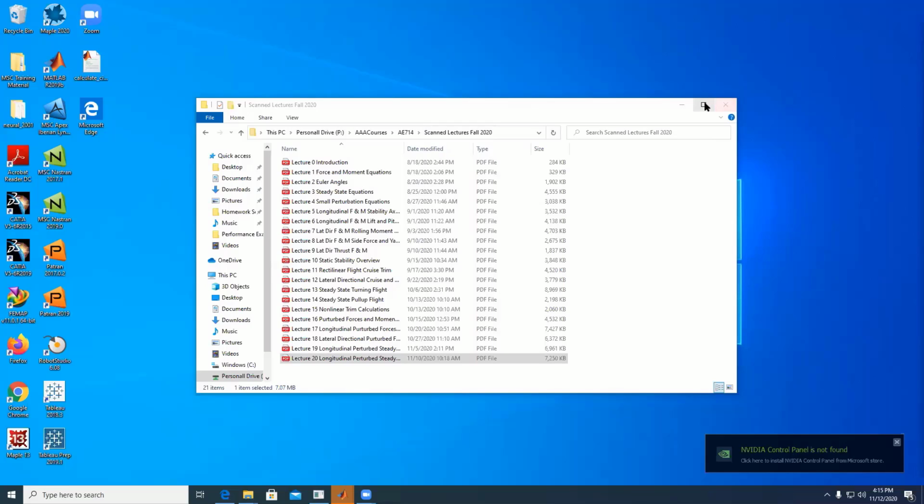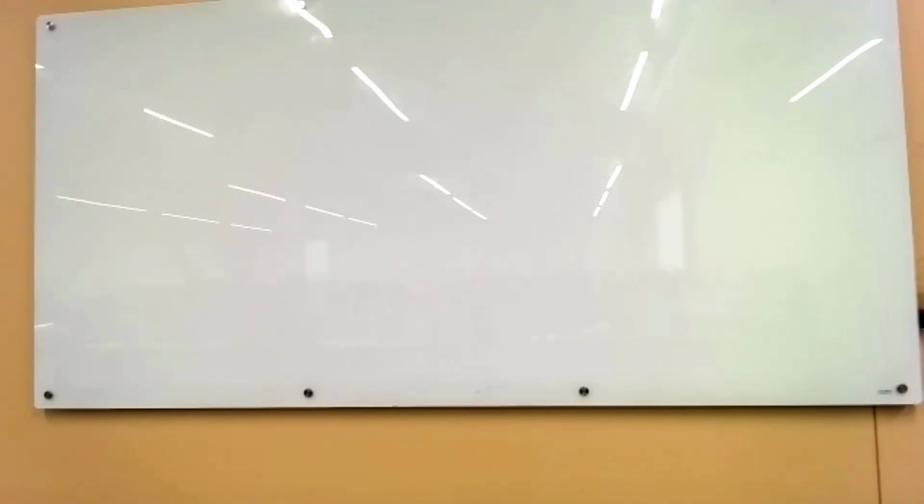Still nothing. So you're seeing the screen over here. Oh, I'll pop through each one individually here. I've lost my Simulink.